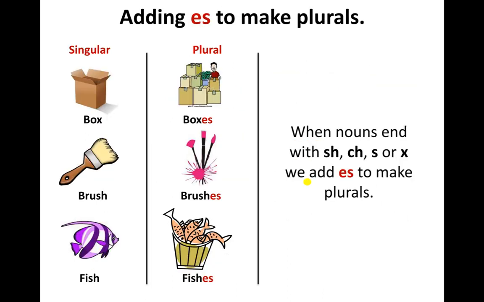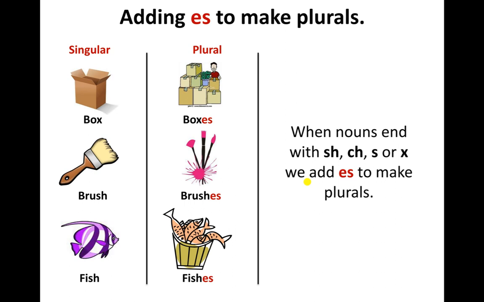The next rule that we will learn is pluralizing a noun by adding es to the word. Okay? When we need to make plurals of the words ending with sh, ch, s or x, we add es with the singular noun. Remember students, the words ending with sh, ch, s or x, okay? Such as box. Take the word box.